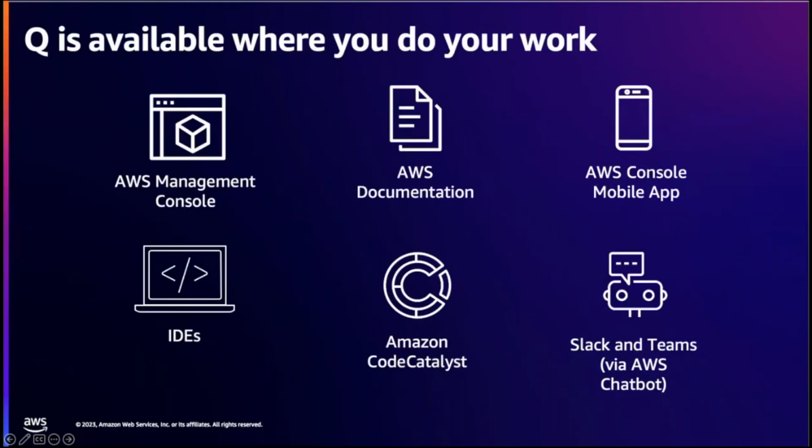And as I said, Q is not only available within the IDE, but it's also available within the AWS Management Console, within the documentation, the console mobile app, and CodeCatalyst, which is our platform to implement development of new applications, where you can check in code, where you can create pull requests and things like that.